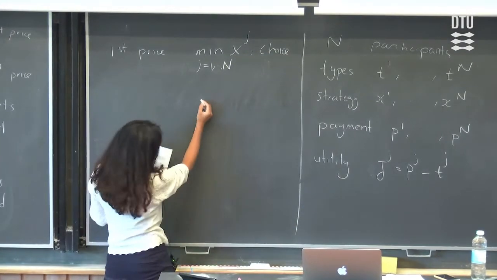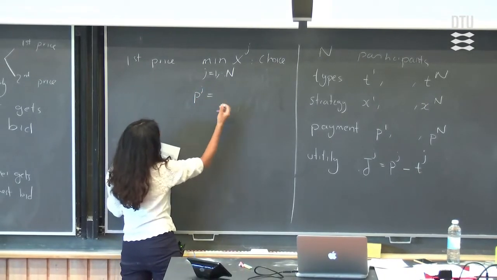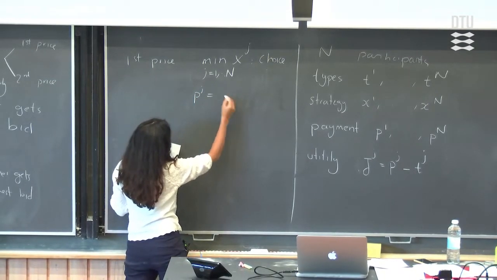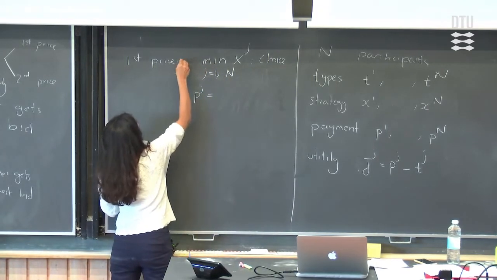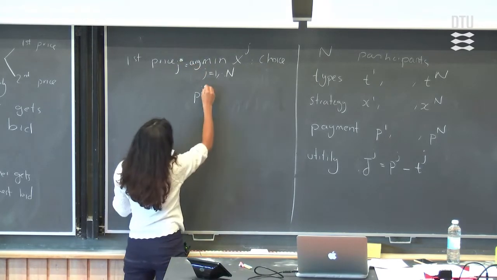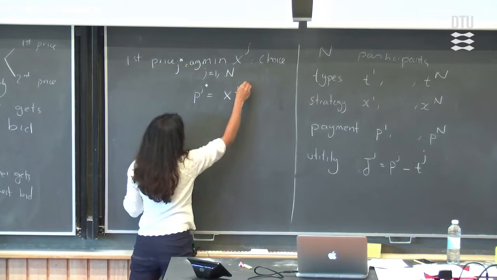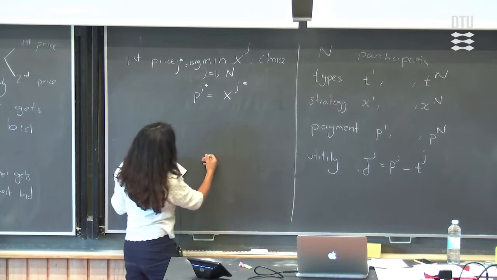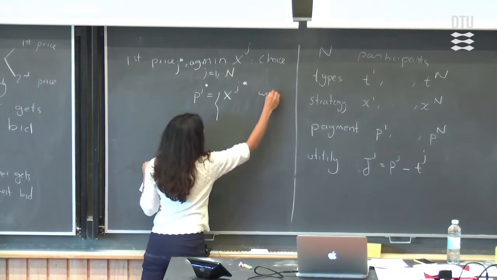And then the payment Pj: let's call this J star, the argmin, and the payment P of J star is exactly x of J star for the winner, and it's 0 otherwise.